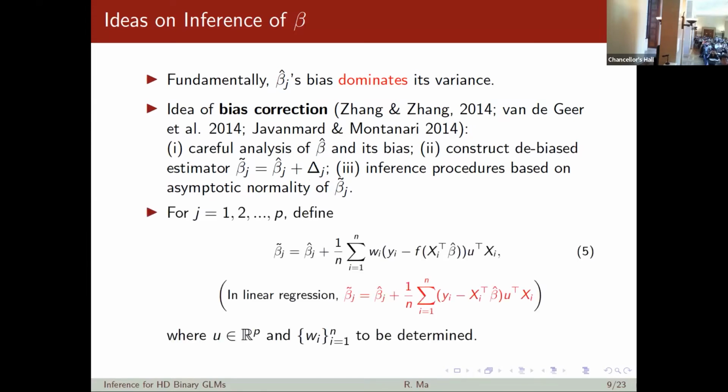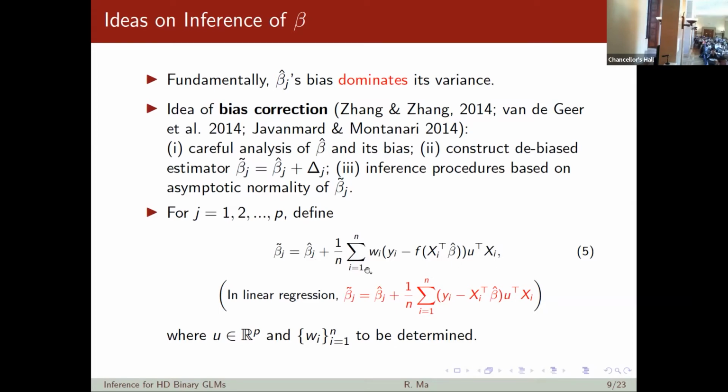And here, without bothering you with mathematical details from the first step, the penalized logistic lasso estimator, I directly give the general form of the debiased estimator for the binary GLM.